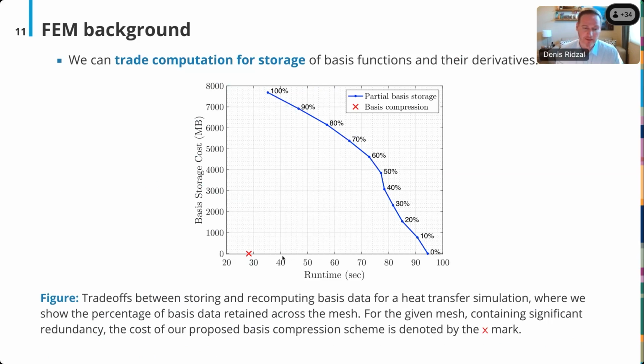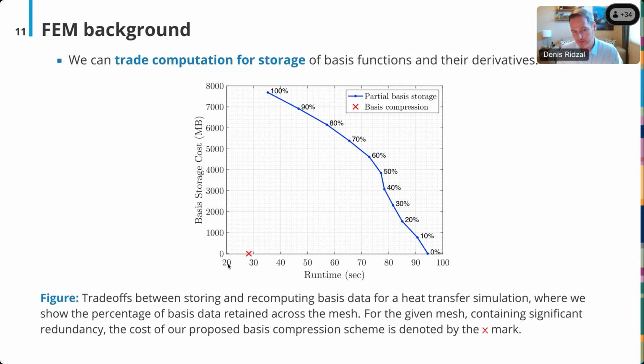And we compared the basis storage cost to runtime. And you get a curve like this. So, if you don't store anything, your runtime is longer. And what we want to do is basically have this runtime, or better, if possible, at 0 storage. And so actually what we've been able to achieve is this X here.